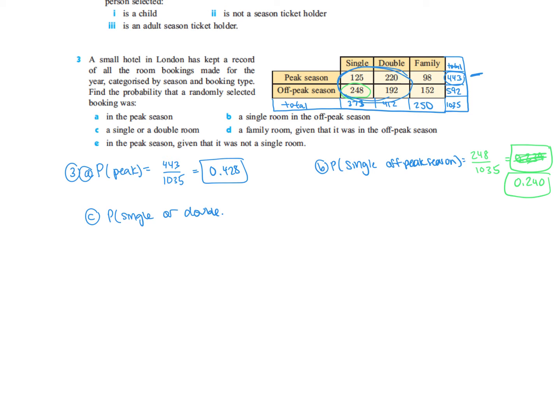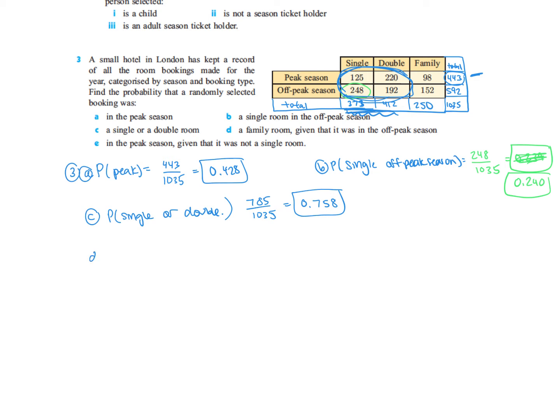So if we add up the totals of the single and the double, 373 plus 412, that will give us 785 out of the total. And that, as a decimal, is 0.758. So single or double, I would add up the totals of single and the totals of double.